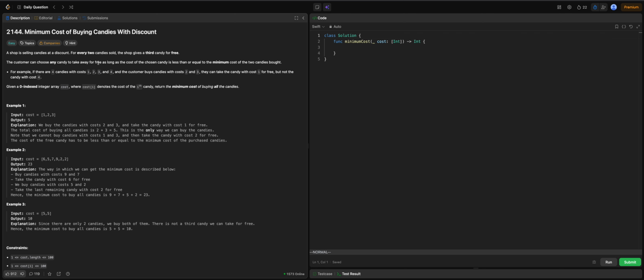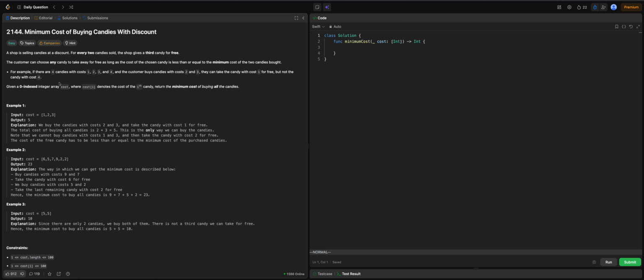So a shop is selling the candies at discount. For every 2 candies sold, the shop gives away that candy for free. The customer can choose any candy to take away for free as long as the cost of the chosen candy is less than or equal to the minimum cost of the 2 candy bought.